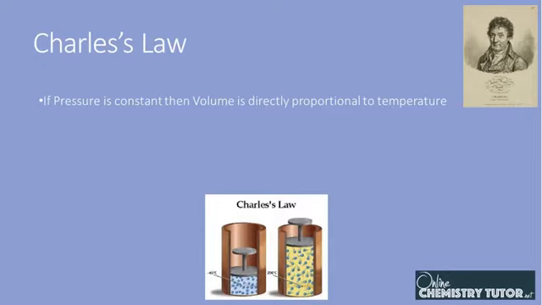So if you were to increase the volume that the gas is in, in order for it to maintain pressure, in order for the collisions with the outside of the container to be constant, the particles would have to travel faster in order to be able to hit the outside of the container at the same rate, to have the same number of collisions per second with the outside.